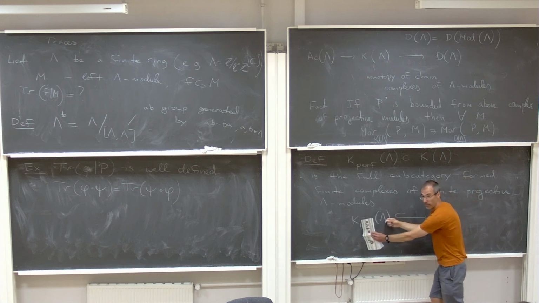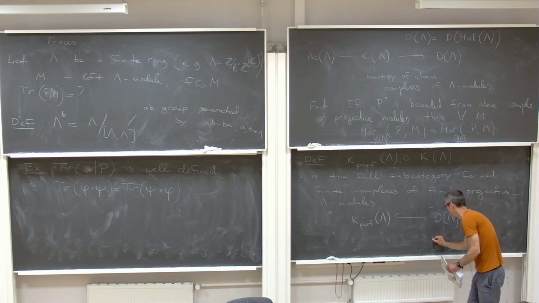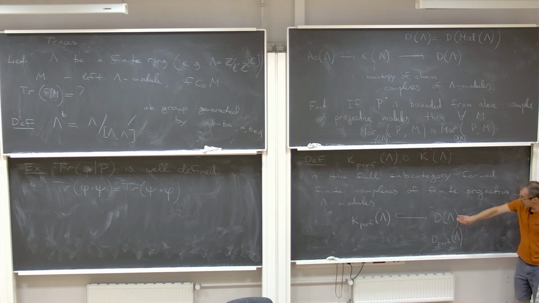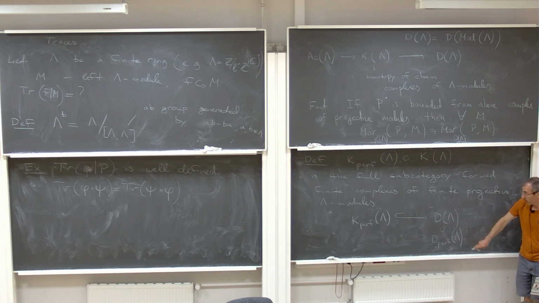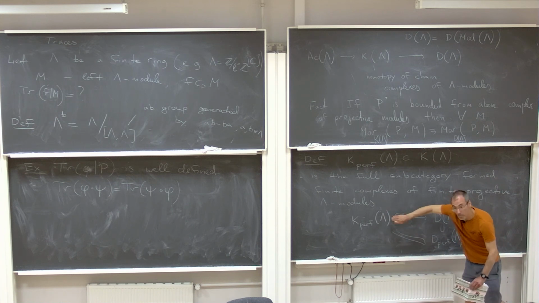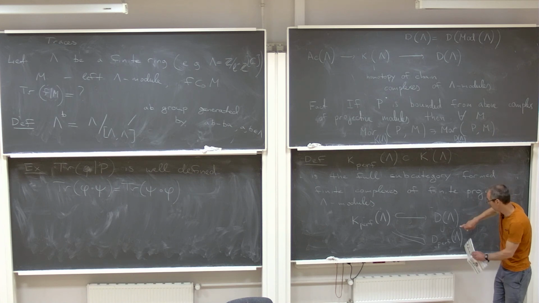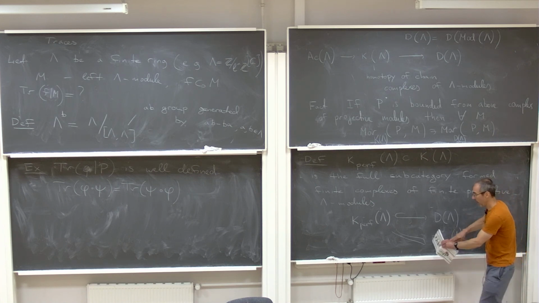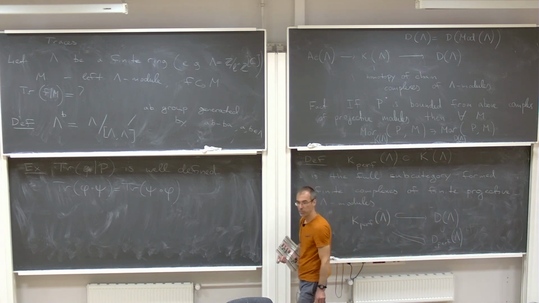So I can think of this as a subcategory here. The usual notation for this will be D perf of lambda. So for any ring lambda, we have a subcategory here, which is the image of this fully faithful embedding. These are complexes that can be represented as finite complexes of finite projective modules.